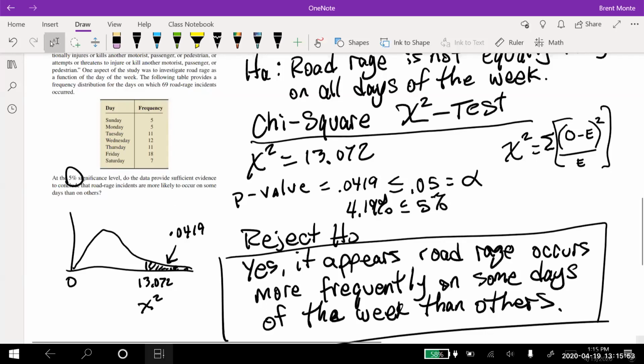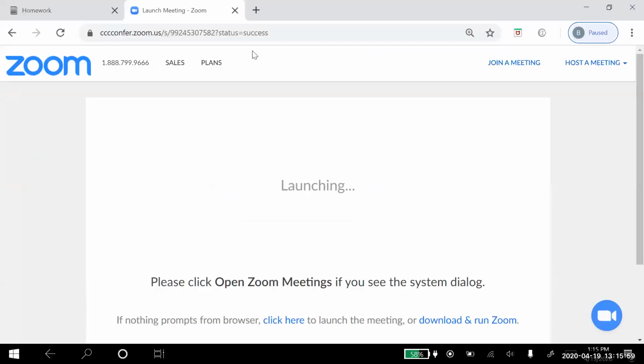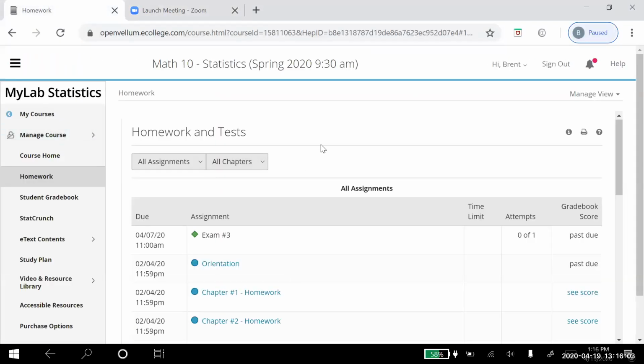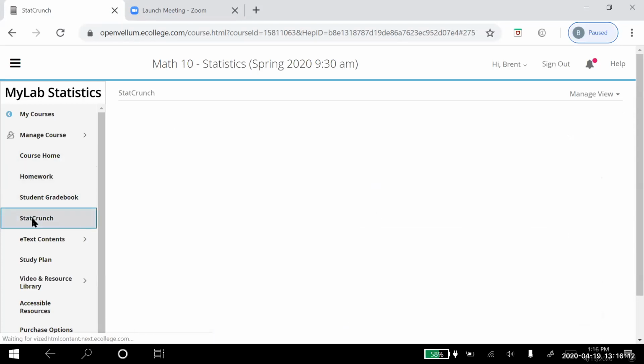Okay, so let's jump over there. So I'm going to jump into StatCrunch. So let's go here, and then let's go into the homework. Now, off to the left, and again, you'll just be doing this within your homework, but I'm going to click on StatCrunch to pull it up all by itself.